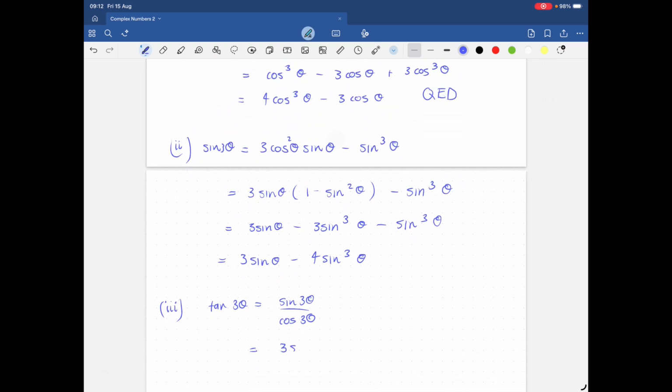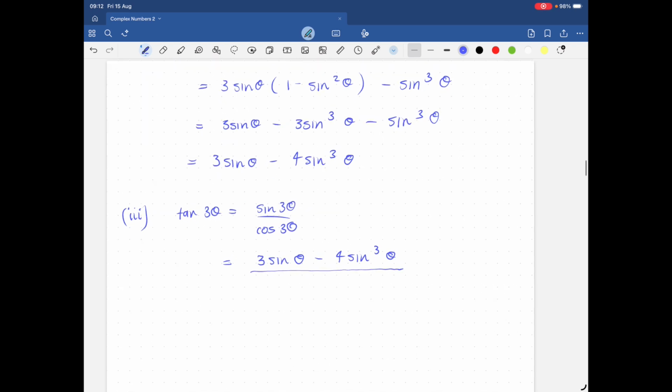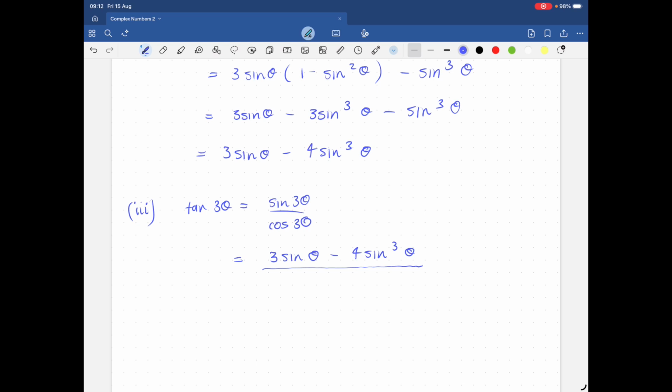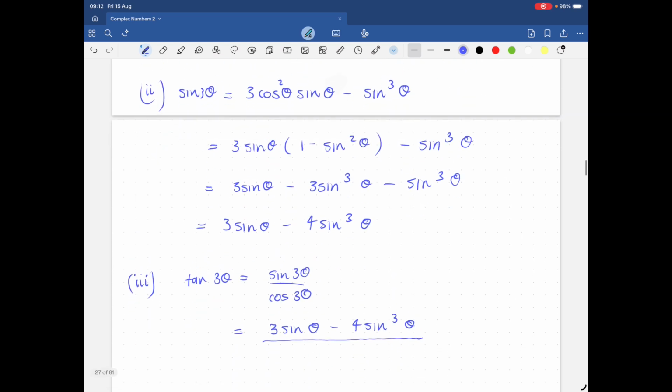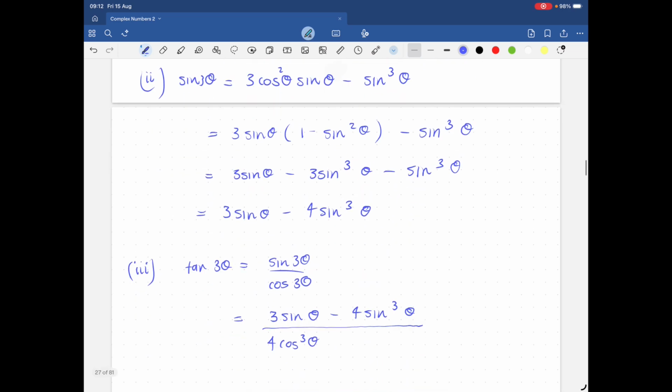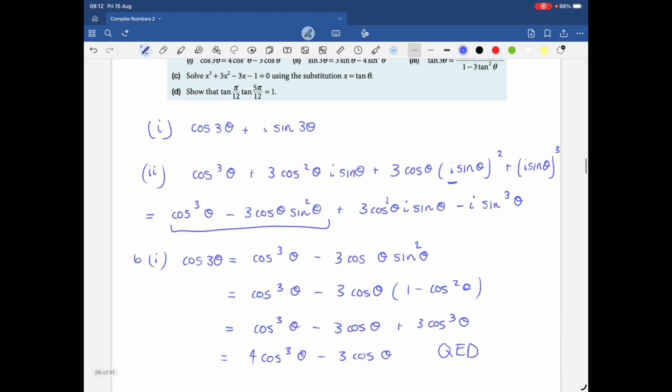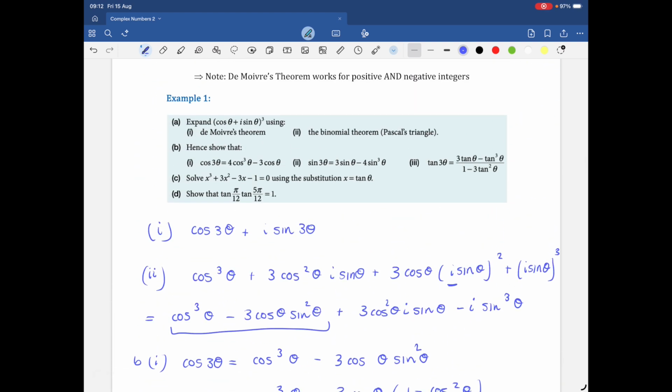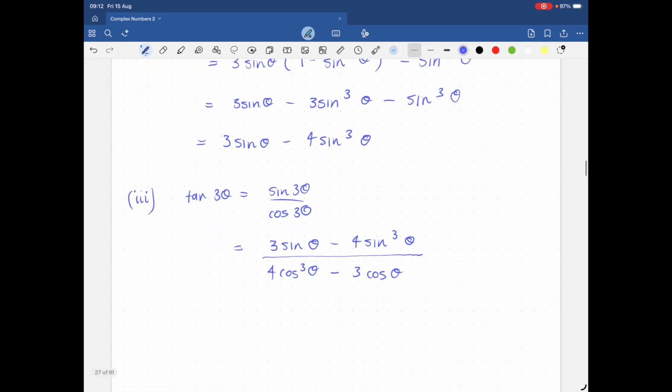So 3 sin θ minus 4 sin cubed θ, all over 4 cos cubed θ minus 3 cos θ. And we have to prove that it's equal to (tan θ minus tan cubed θ) over (1 minus tan squared θ).